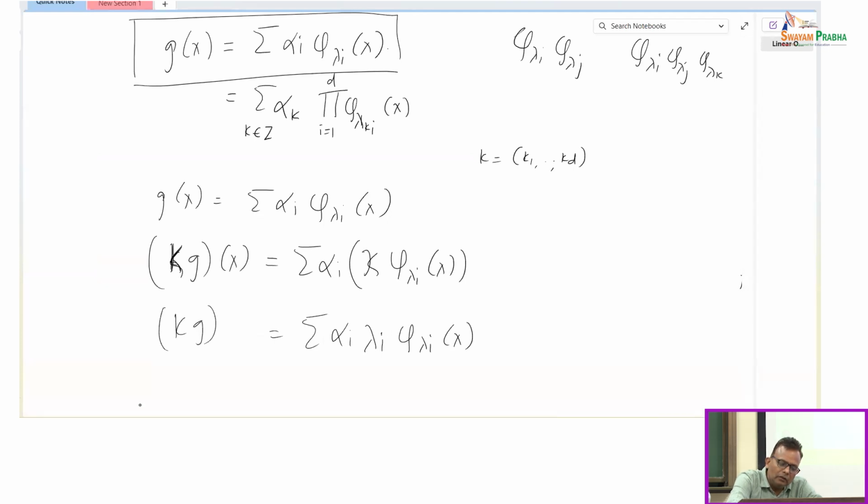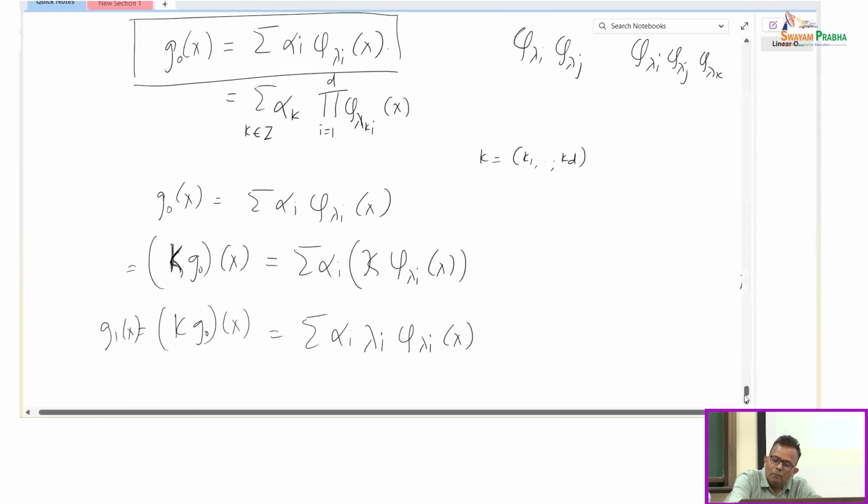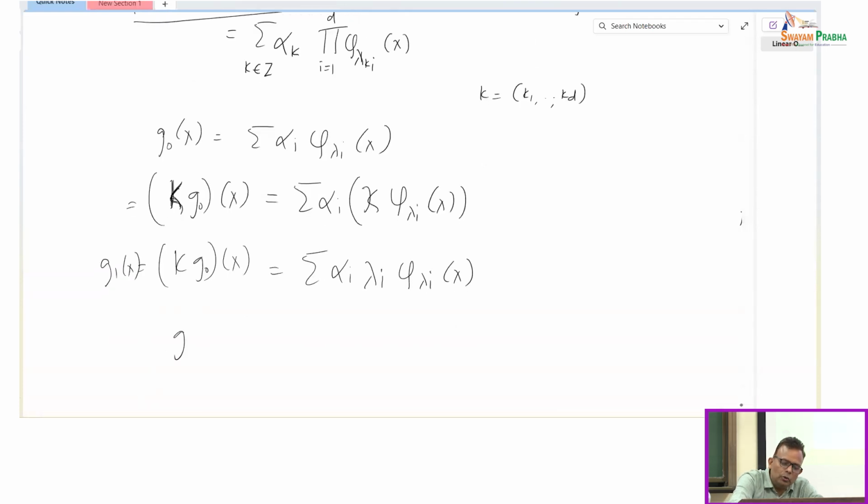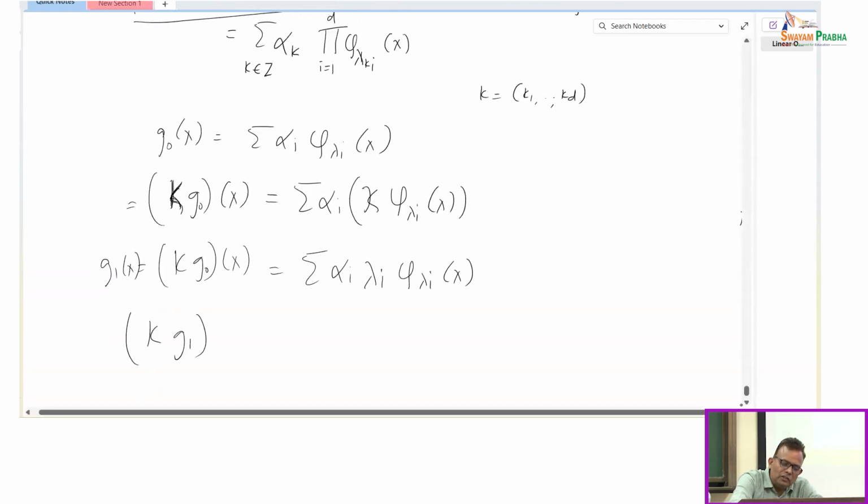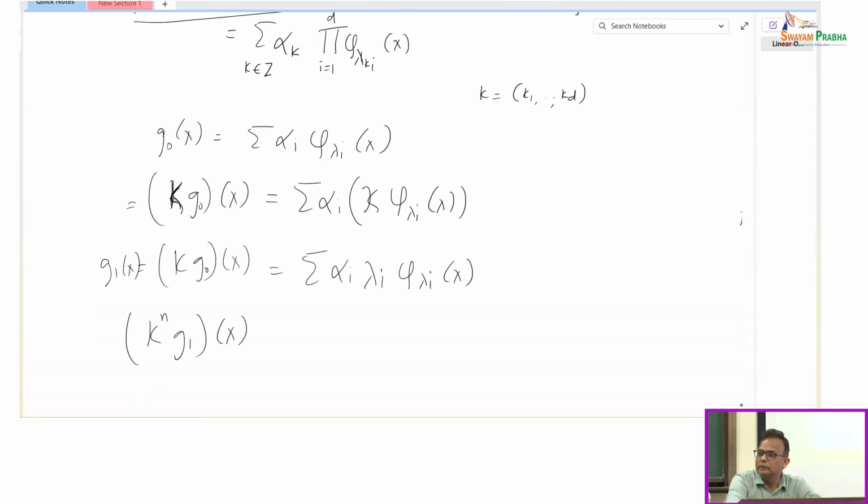Let's say this is G0, and this is my G1 of x. Now you can also do this again for G2 of x, and in fact you could do it n times. So this becomes alpha_i lambda_i to the power n, phi lambda_i of x.